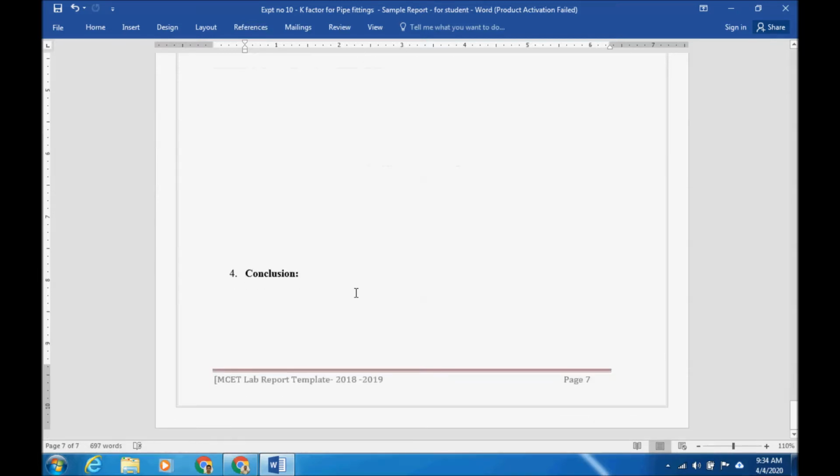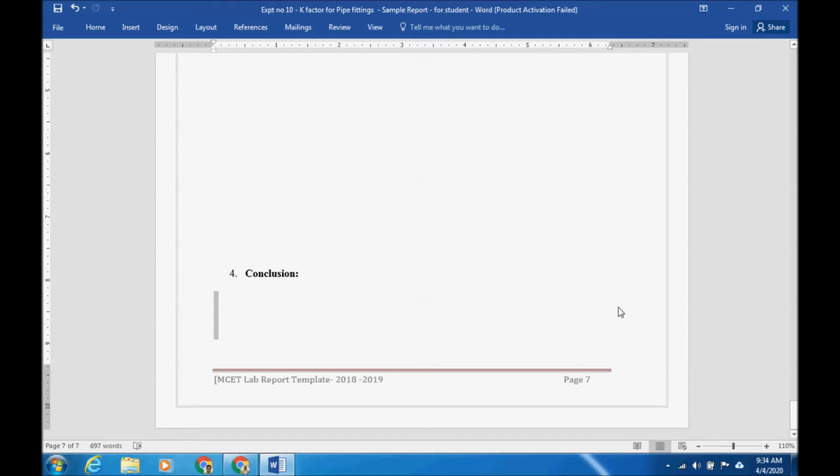And conclusion: write the answer of the objectives. So we understand the pipe fittings. These pipe fittings are required in various plumbing works. Number 2, we calculated the head loss through whatever your pipe fitting, 45 elbow, 90-degree elbow or gate valve.